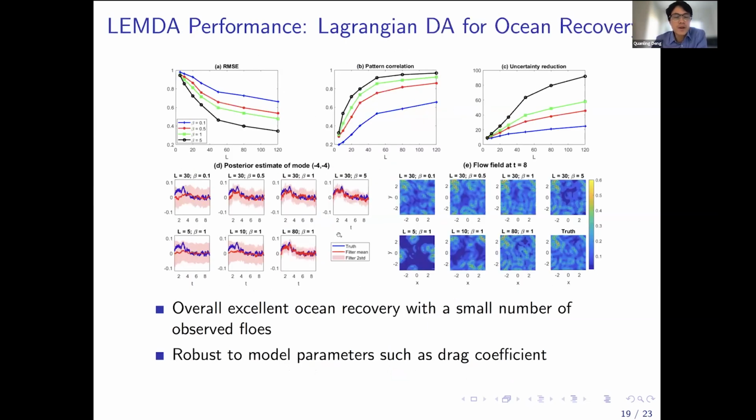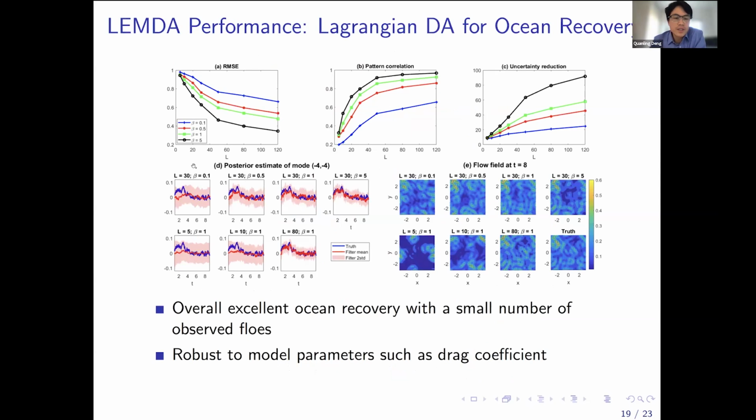These are some results showing how the Lagrangian data assimilation works for ocean recovery. So what is going on here? We consider a simple setting with some number of floes in an idealized setting with some domain, and this L in this case is the number of particles.